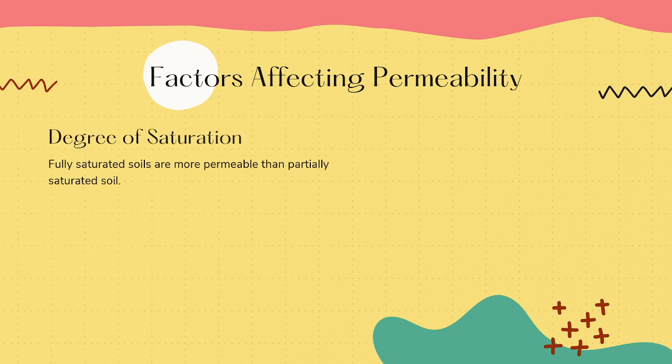So another factor is the degree of saturation. For fully saturated soils, the permeability is more than partially saturated soil. This is because when some of the voids are filled with water, the water will have some trouble displacing the air particles.